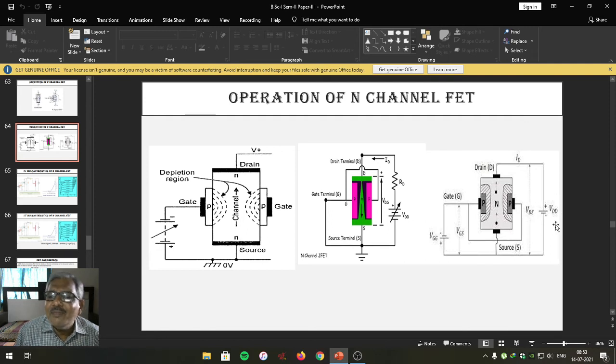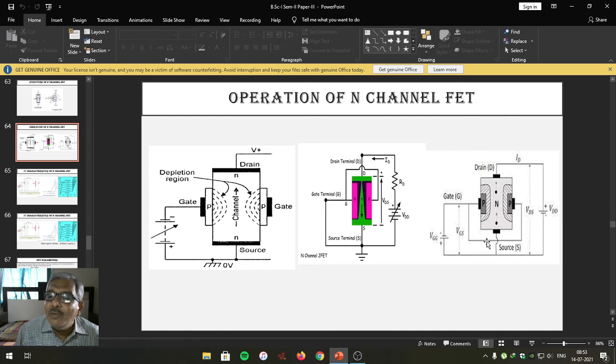Now apply the same VDD or VDS, we can say. Increase VGS by increasing VGG. This will increase the width of the depletion layer. Look at here, like this, which will reduce the channel width.